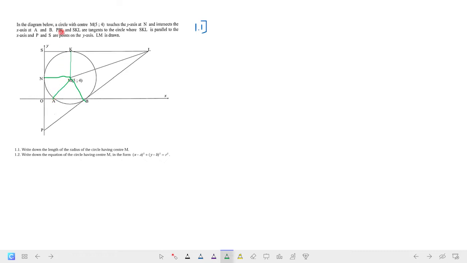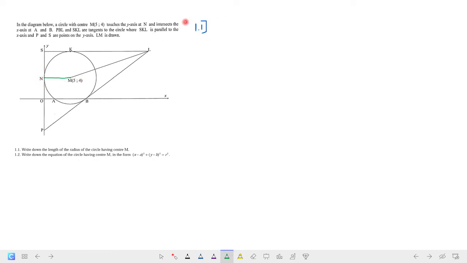But now what are we going to do here? The one thing that is important is to look for the one that has more information. If you remember, we were told that the circle touches the y-axis once. If it touches on the y-axis once, and we see that NM here is a radius, we can also see that this MN and this y-axis acts as a tangent to this circle.